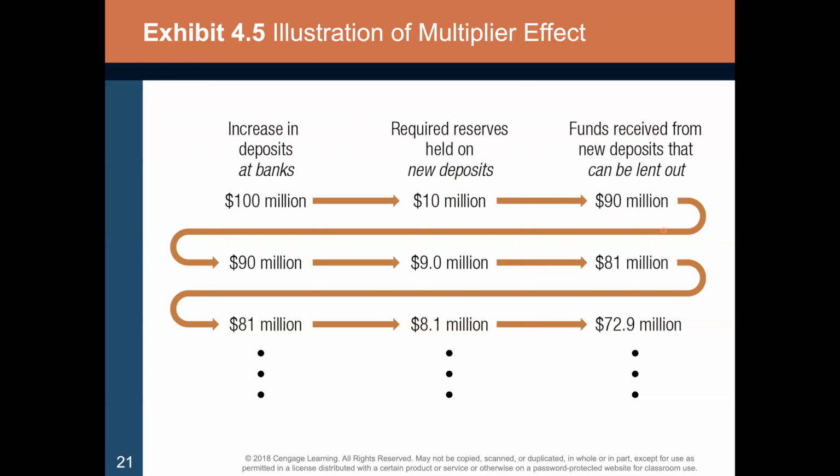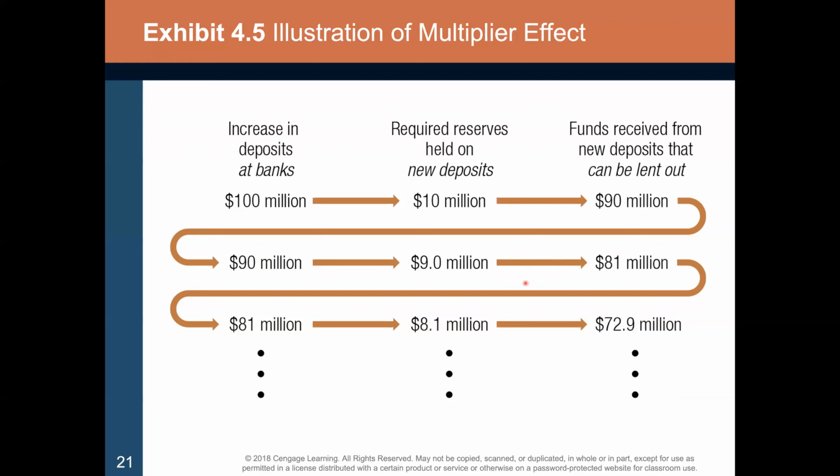The 90 million gets put back into banks, and now it's sitting in the bank again. So it started in the bank, was lent out, now it's deposited back in the bank, a new reserve requirement on this 90 million deposited, which allows us to lend out 81 million this time.